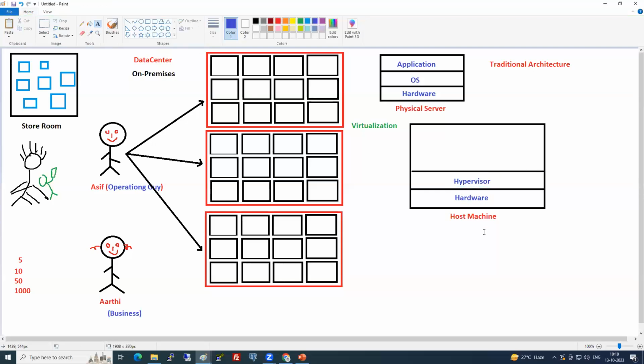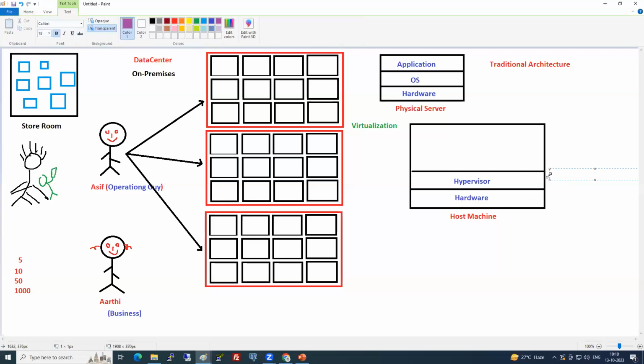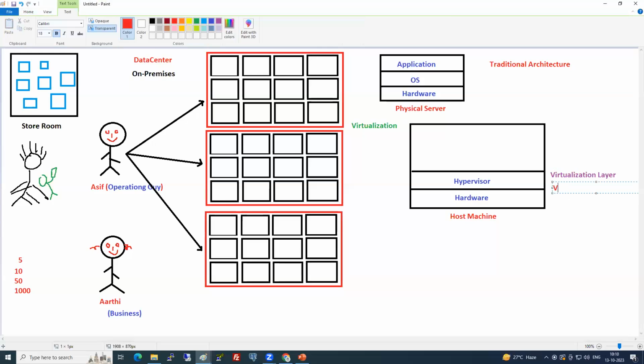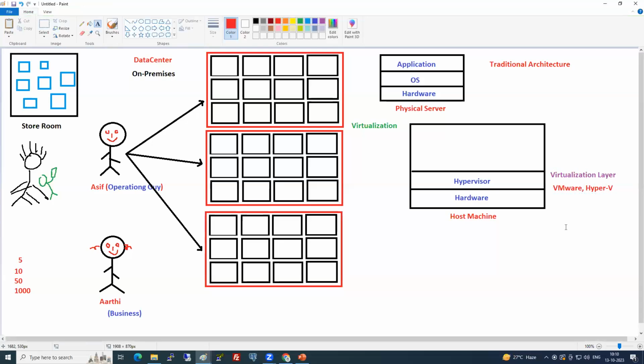So now the question is, what is a hypervisor? A hypervisor is a virtualization layer. Have you heard about the company VMware? We have a few software products for this. From Microsoft, we have Hyper-V.